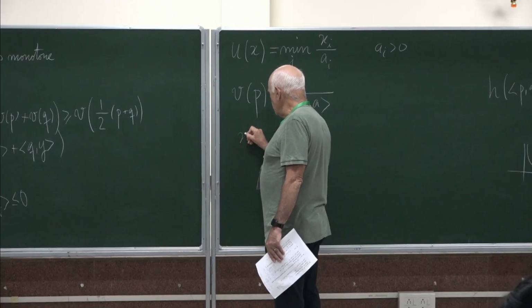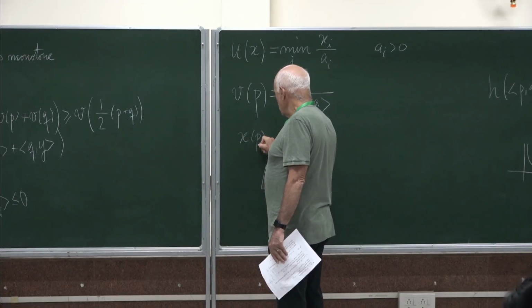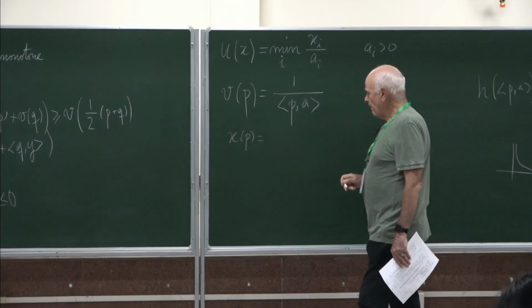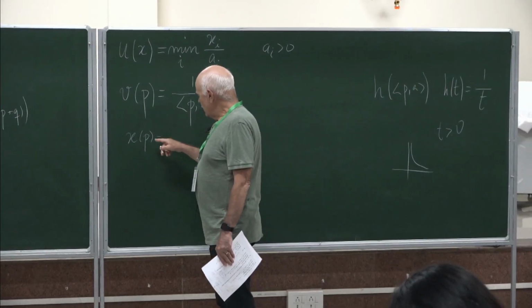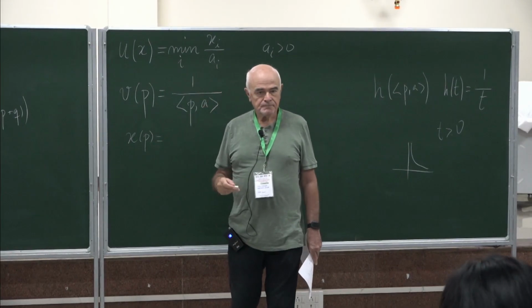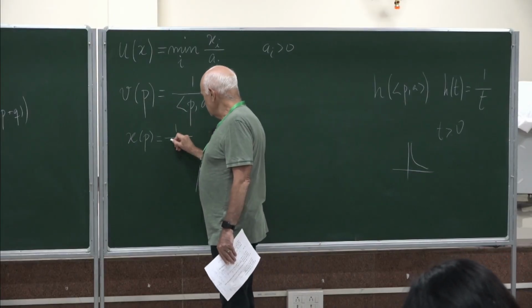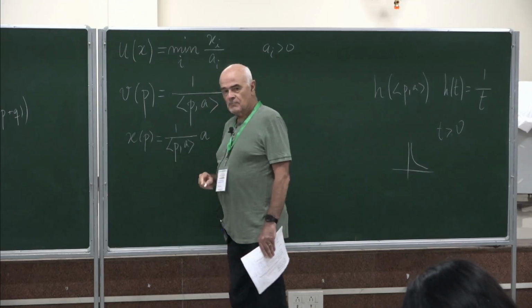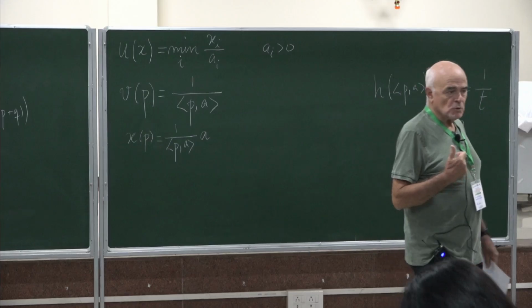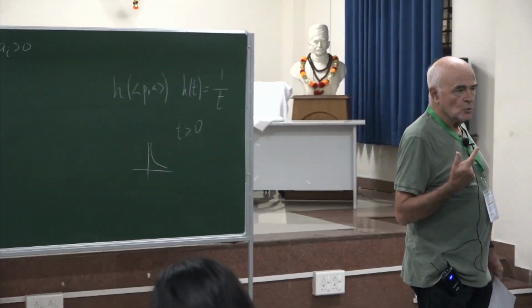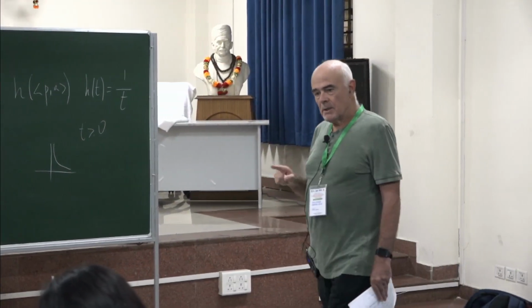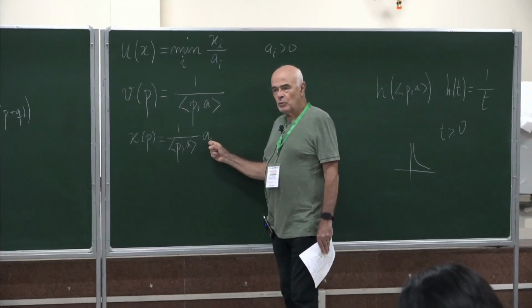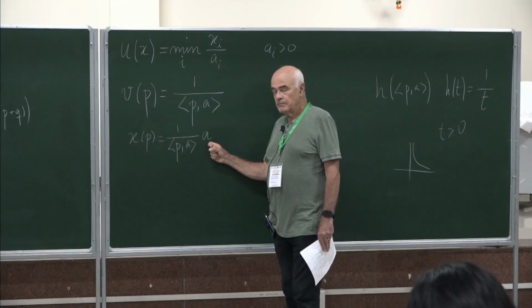We observe that the demand corresponding to the price vector p is proportional to a. So a is the vector whose components tell you what you should buy of each ingredient to produce 1 unit of your food.